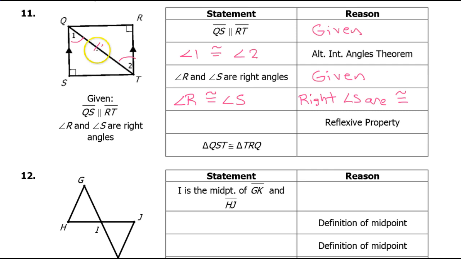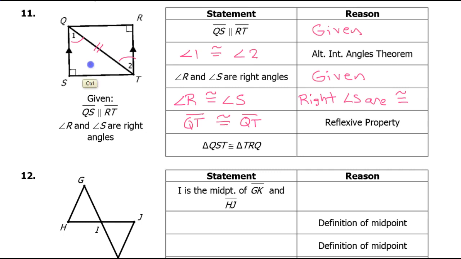The shared side will automatically be congruent for both triangles because it's the same thing. So I can just say segment QT is congruent to segment QT. That's how that shows up when you have a shared side. And that's called the reflexive property, when you have that shared side equal to itself.